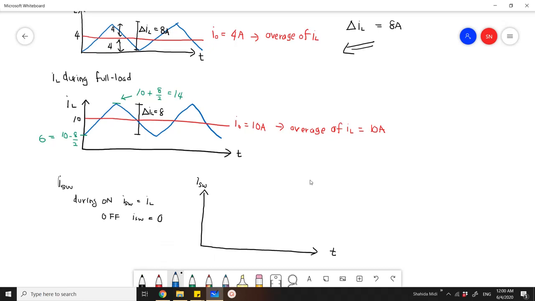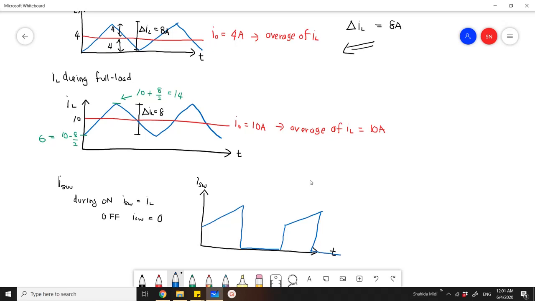During on, it follows IL, and during off it is 0. Then again, when on, follow the positive slope of IL, and 0 when the switch is off.